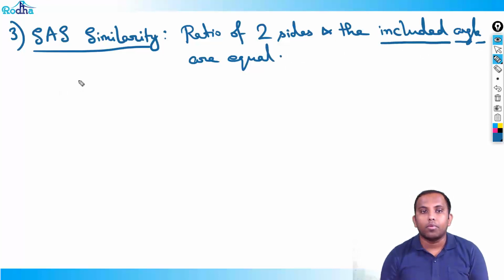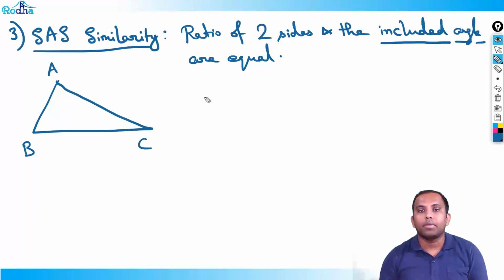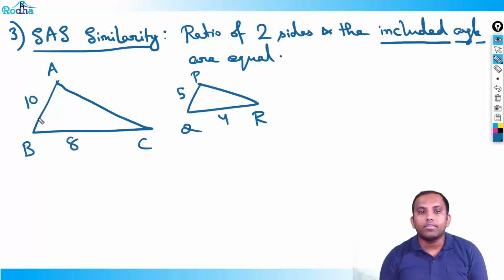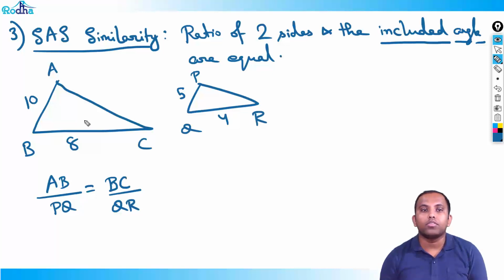See, make two triangles here: triangle ABC and triangle PQR. Suppose this is 10, this is 8, this is 5, this is 4. So I can see this ratio is equal: AB upon PQ is equal to BC upon QR.